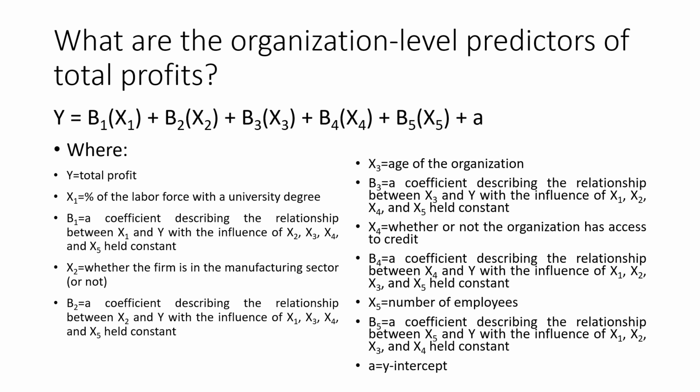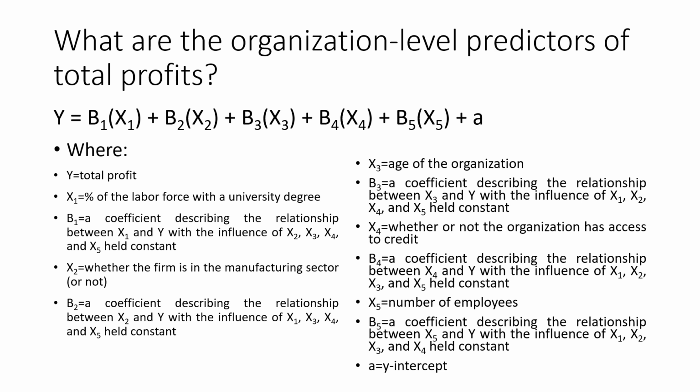So what I've done is I've created the equation here that would describe the research question at hand. So the research question is, what are the organization level predictors of total profits? And you can see here that the equation is y equals b1x1 plus b2x2 plus b3x3 plus b4x4 plus b5x5 plus a.